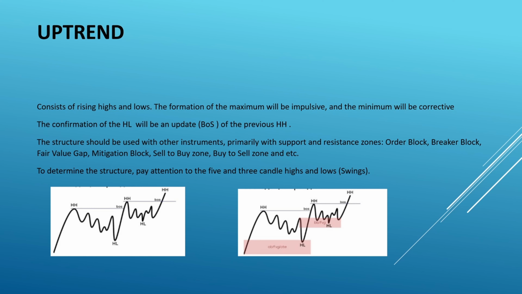The formation of the higher low will be an update break of structure of the previous higher high. The structure should be used with other instruments, primarily with support and resistance zones such as order block, breaker block, fair value gap, mitigation block, sell to buy zone, buy to sell zone, and etc. To determine the structure, pay attention to the 5 and 3 candle high and low swings. We're going to talk about this later.